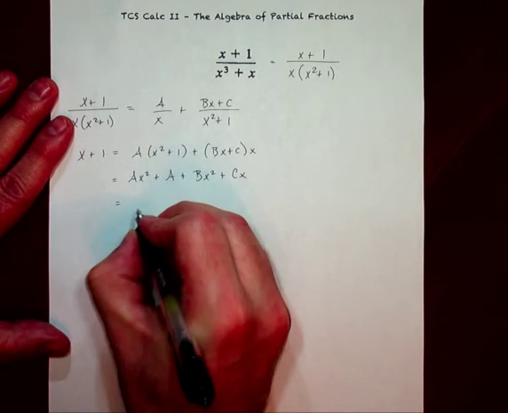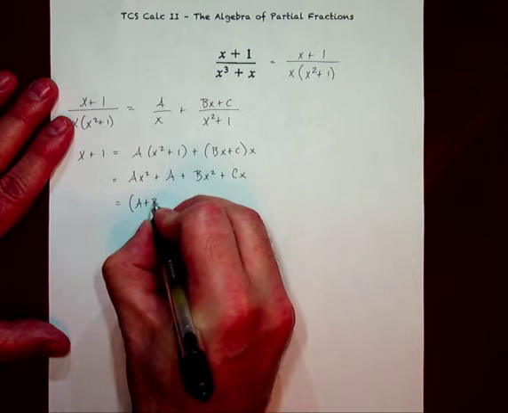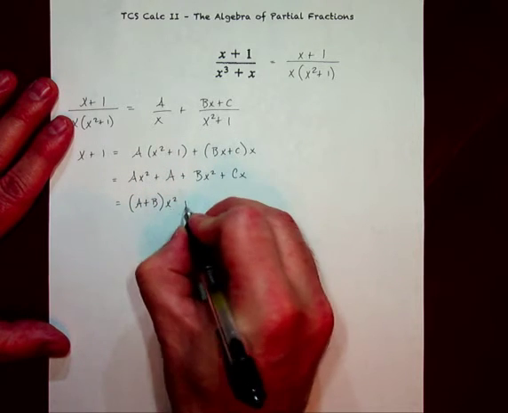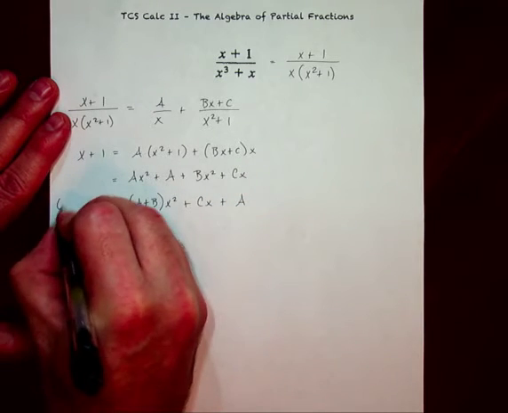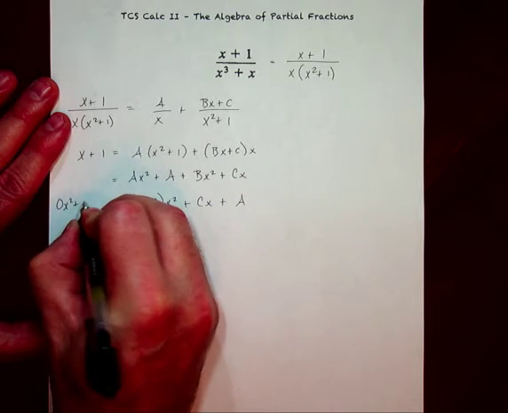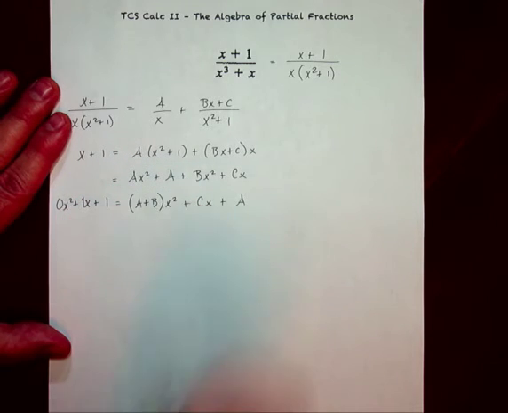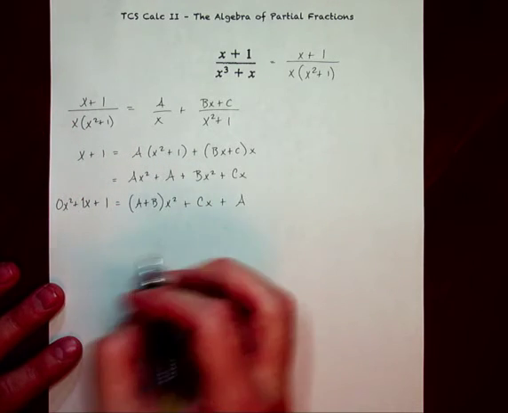And we notice that we're going to get a plus b for x squared, c for our linear coefficient, and a for our constant.